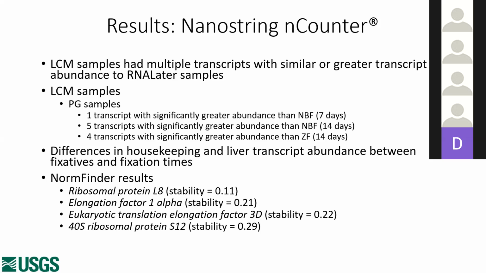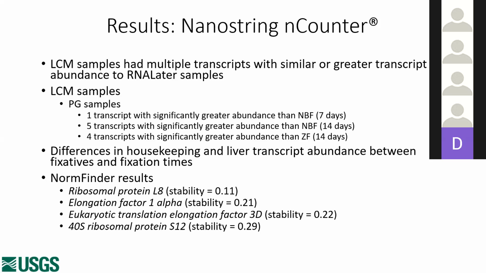So you wouldn't want to compare studies where some samples were fixed in neutral buffered formalin and some in Z-Fix, and maybe the ones in neutral buffered formalin were fixed for 24 hours and the ones in Z-Fix for 48 hours. Because the differences that you might be observing between those samples might be just because the samples were preserved in different fixatives for different amounts of time, and not because of any treatment that was applied to those samples.